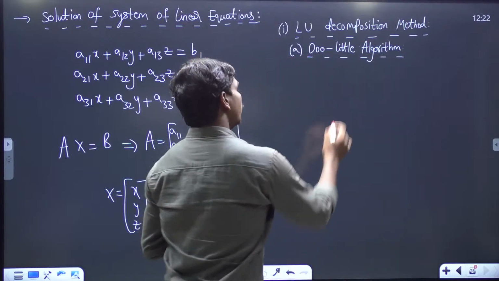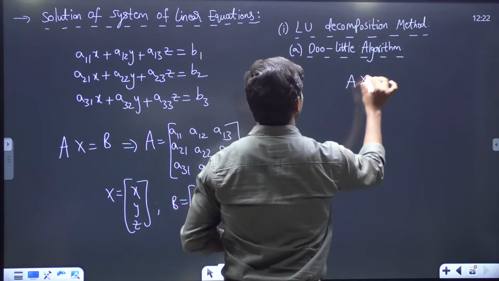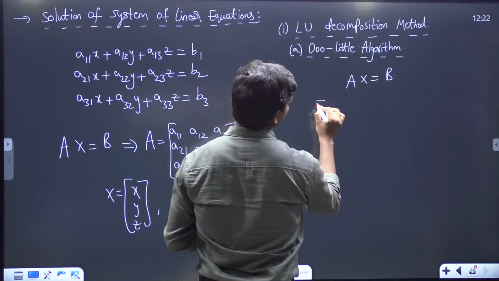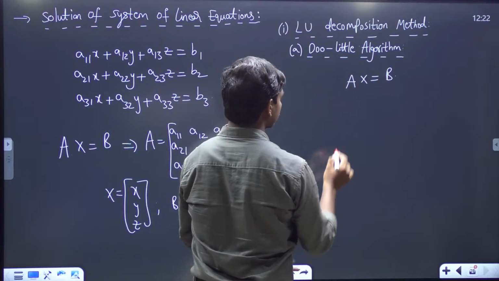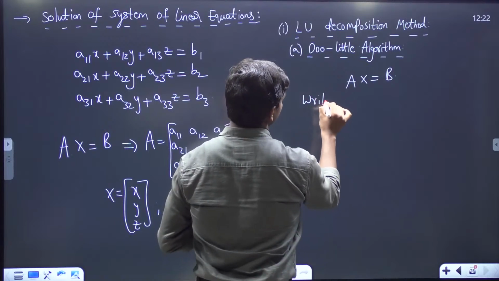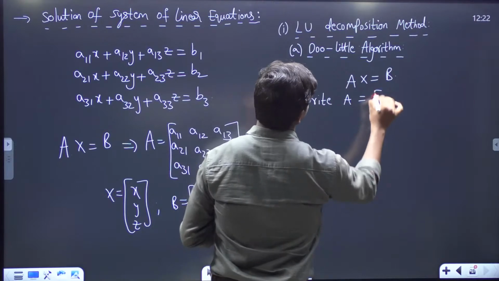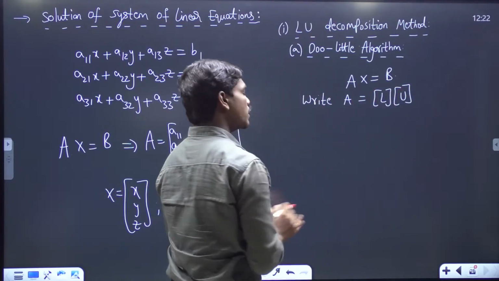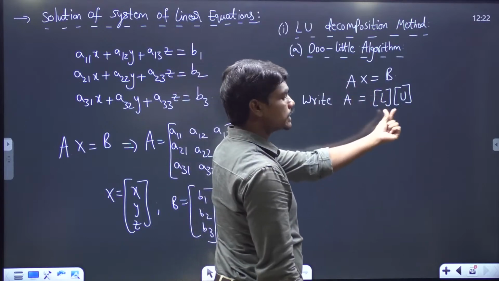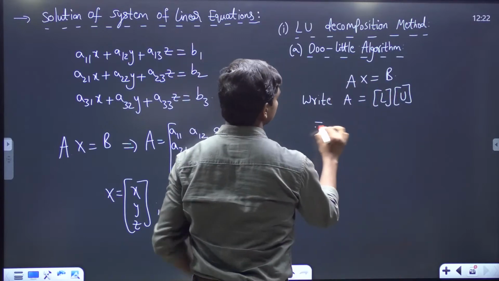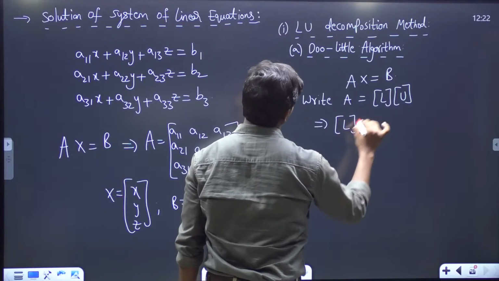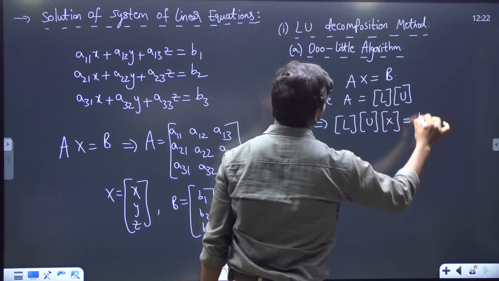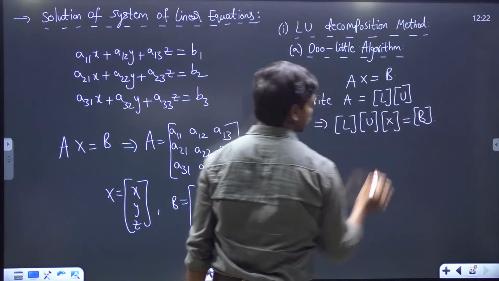See here, we have Ax is equal to B, correct? The first thing that we do is write A as a product of a lower triangular matrix and an upper triangular matrix. So this implies L multiplied with U multiplied with X is equal to B. This is what you have in matrix form.